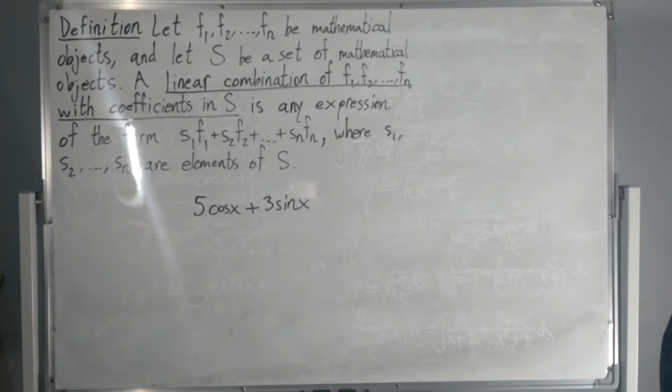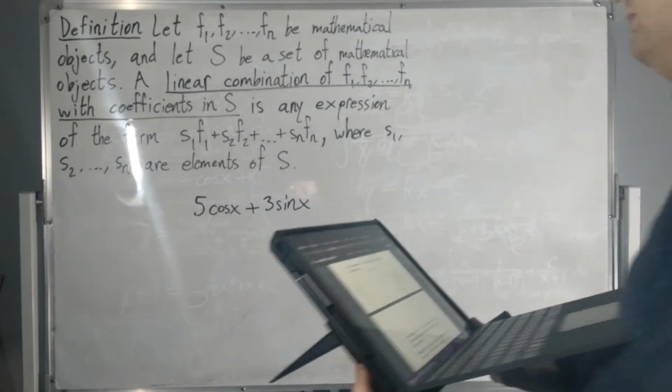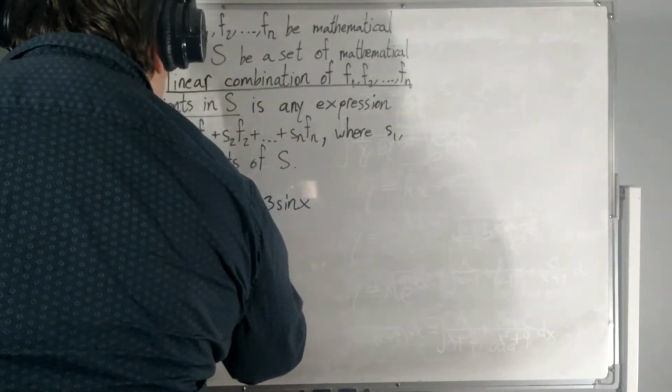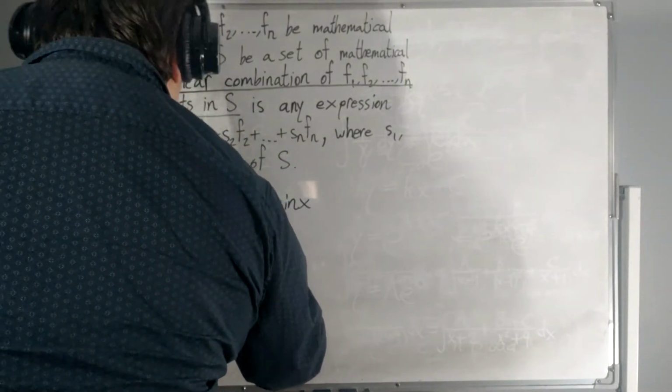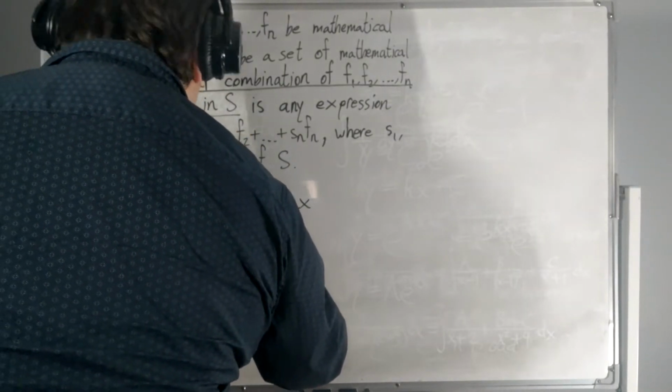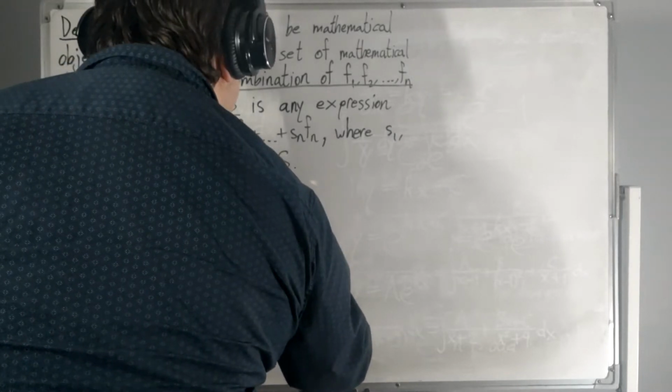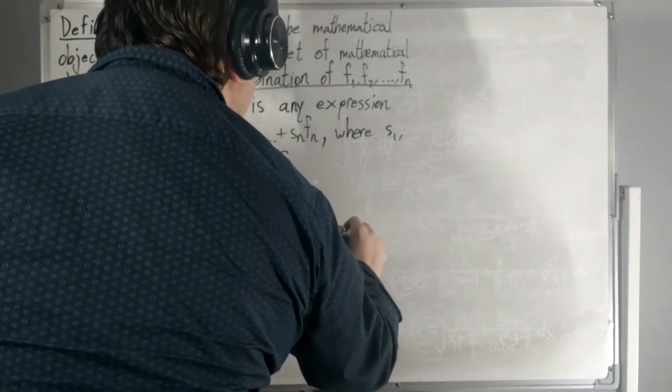You could have something like x to the fourth minus 3x to the third plus 6x squared minus 2x plus 1.